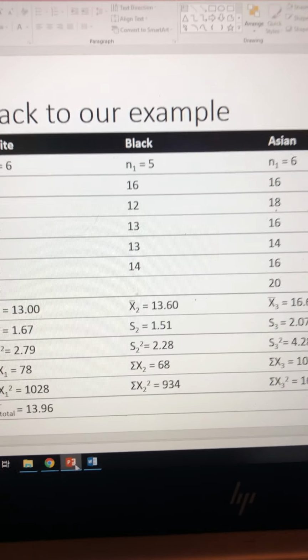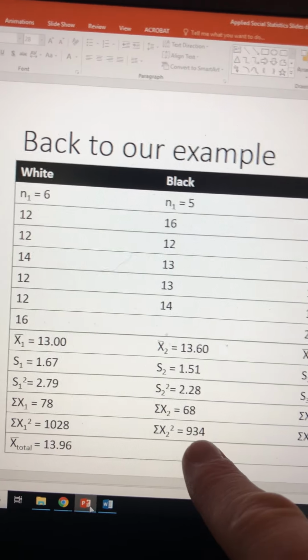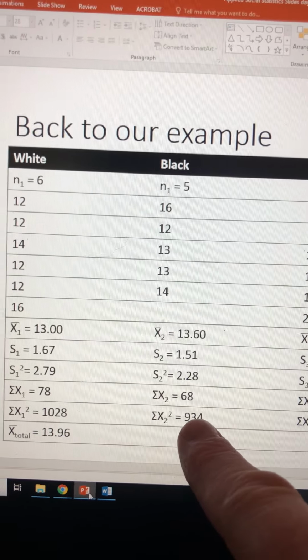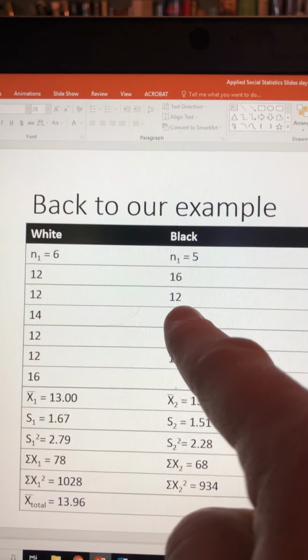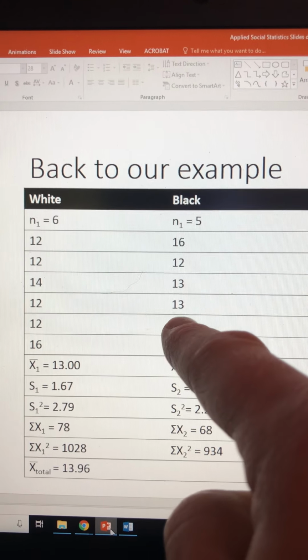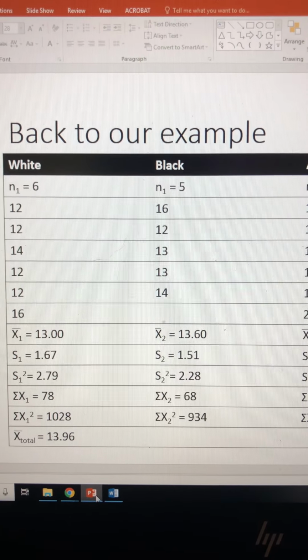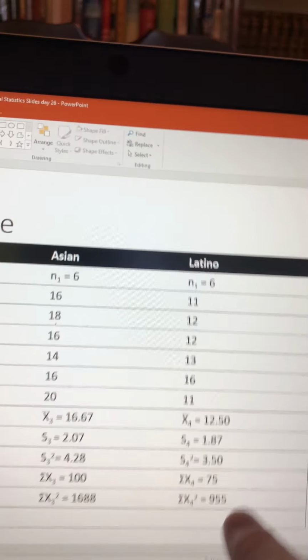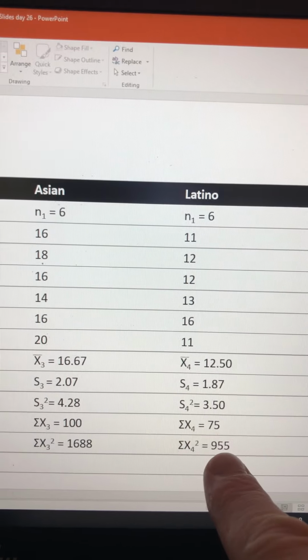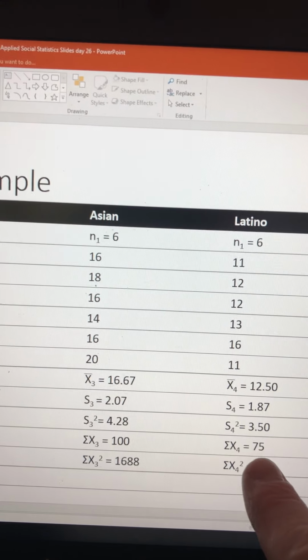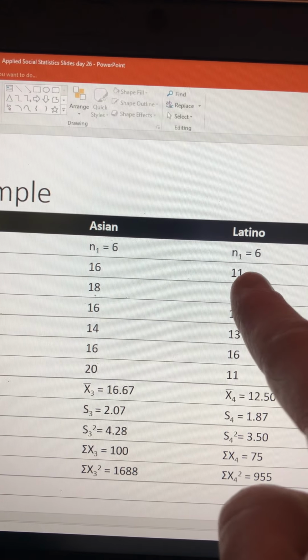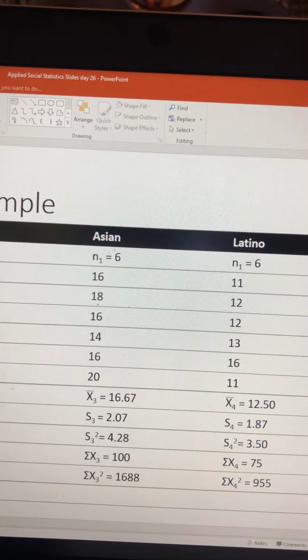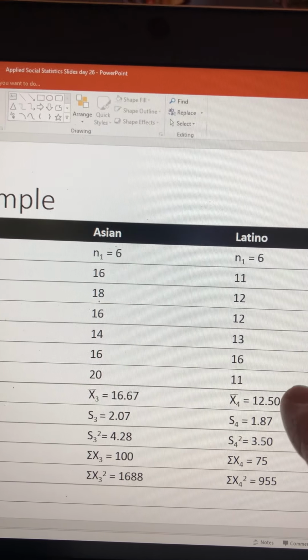Please be careful there. So if you look here, where did that 934 come from? Well, that's 16 squared plus 12 squared plus 13 squared plus 13 squared plus 14 squared. Where did that 955 come from? It's not 75 squared. The 75 is just all the years of education for Latino added up.